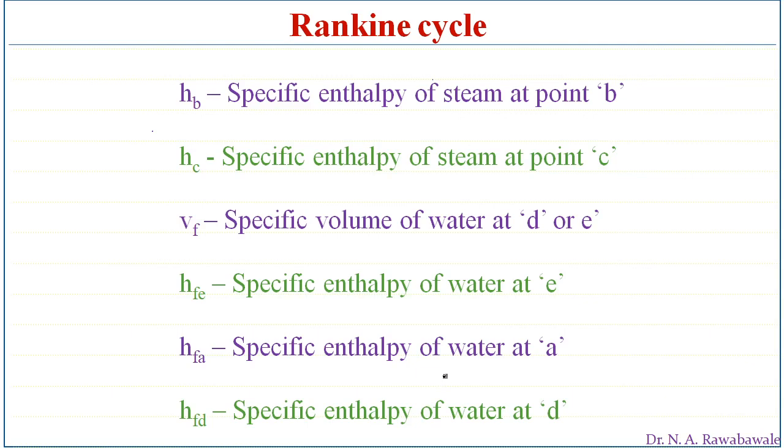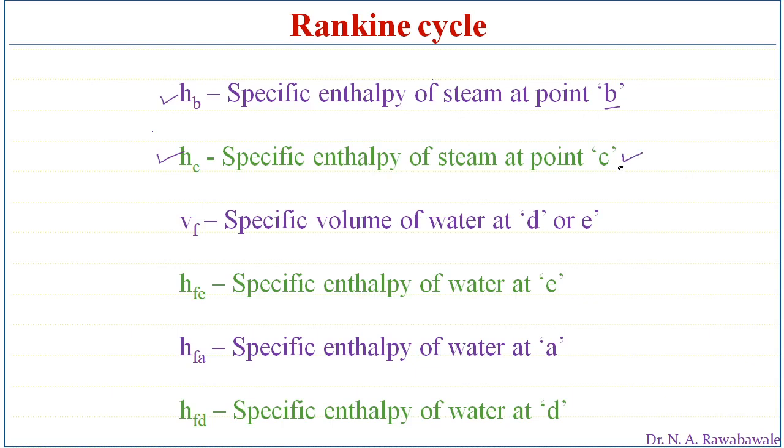Now coming to the various terms, HB. This HB represents specific enthalpy of steam at point B, which is represented on the TS diagram. So in the TS diagram as well as on the PV diagram, we considered B as a dry saturation point of steam. Then HC is specific enthalpy of steam at point C. So at point C, the steam is expanded in the turbine.